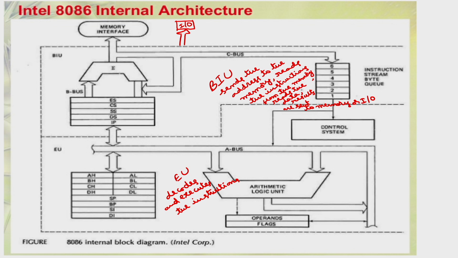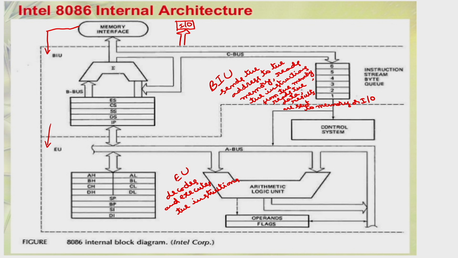One important thing here is that in this bus interface unit there is a 6 byte long instruction queue. The microprocessor fetches the first instruction from memory and sends it to the execute unit for decoding and execution.